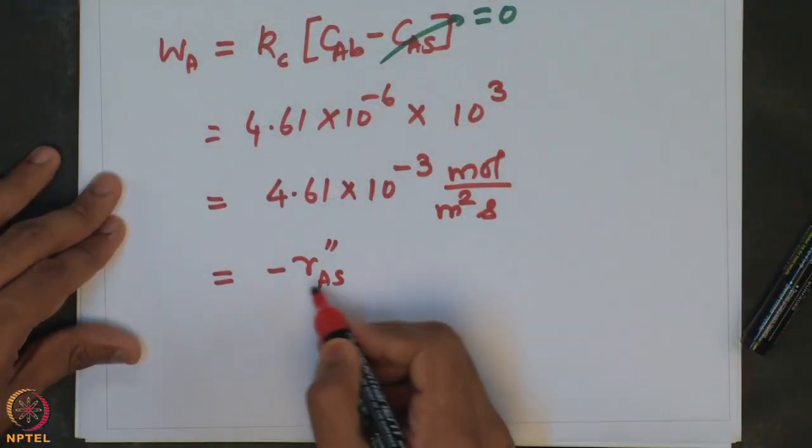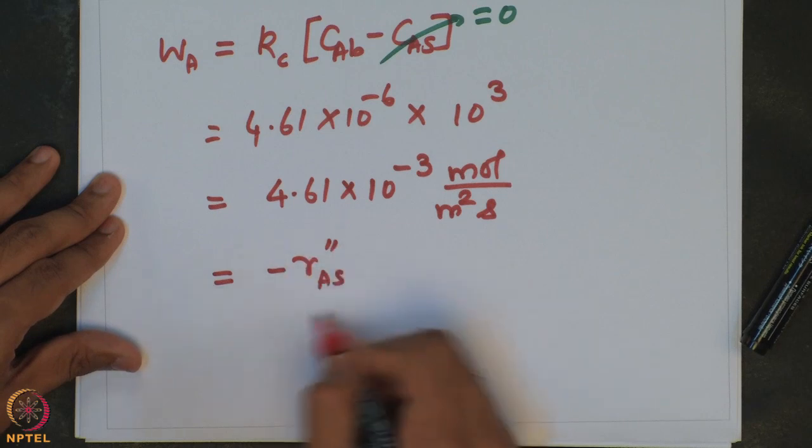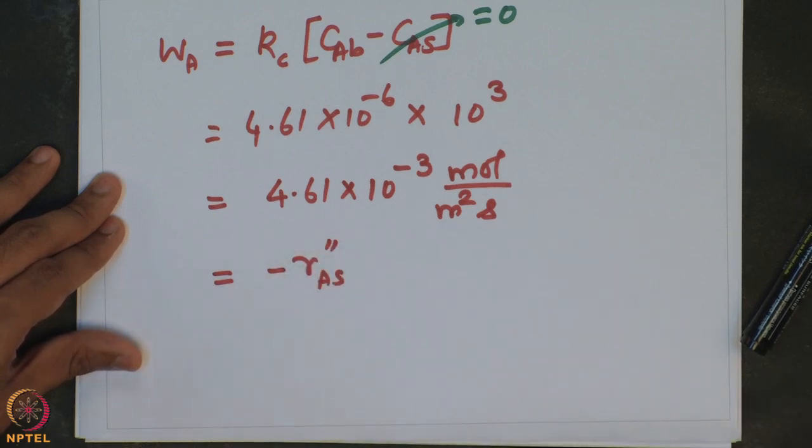Therefore, the flux with which the species diffuses to the catalyst surface is equal to the rate at which the species reacts per unit surface area of the catalyst, and this is for the instantaneous reaction.